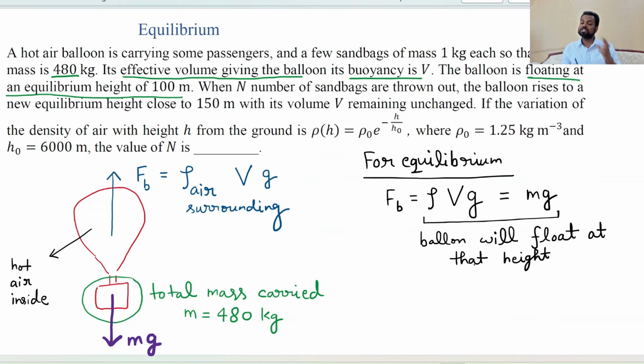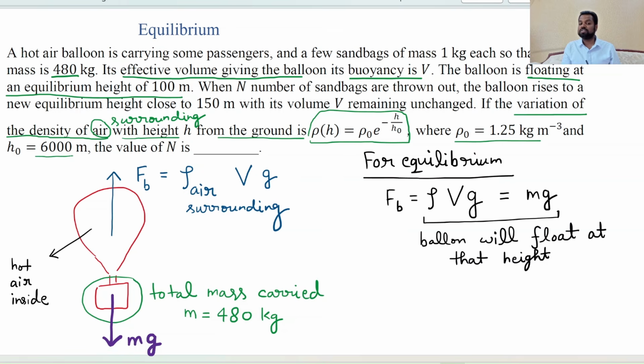Now we must be wondering, where does the height get into the equation? I'm going to skip a line in the problem statement. It says the variation of the density of air, and this air is the surrounding air, not the air in the balloon, with height h from the ground is represented by rho as a function of h, where rho naught and h naught are given.